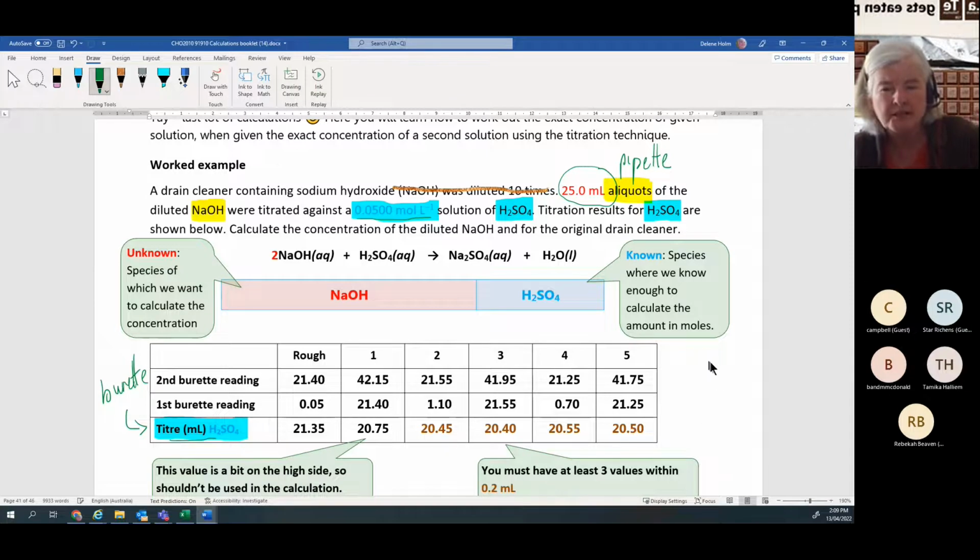Now, remember what I said in previous lessons, it's really important that you learn the units of different quantities, because then you know what it's talking about. So what is this 0.0500 mole per liter? So mole per liter gives you a clue. It's a unit.